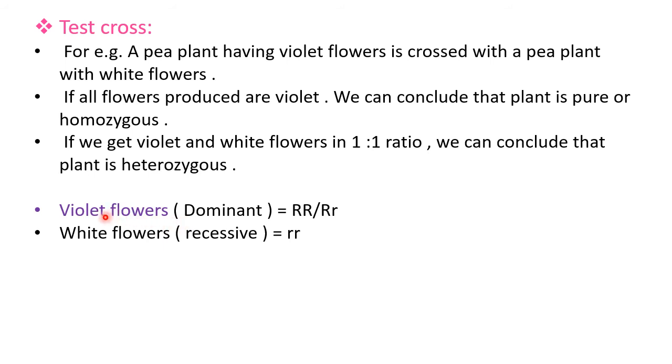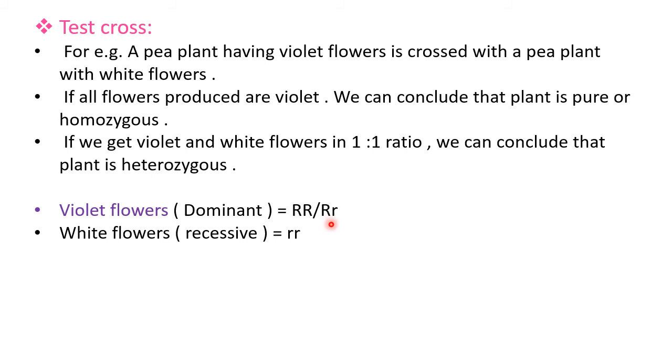So here we see violet flowers may show the genotype. Generally, when there is a cross between violet and white flower, the violet trait is dominant. So here we see two types of genotypes for violet flowers. The first one is capital R, capital R, meaning it is homozygous for violet flower, or it may be a hybrid, that is capital R, small r.